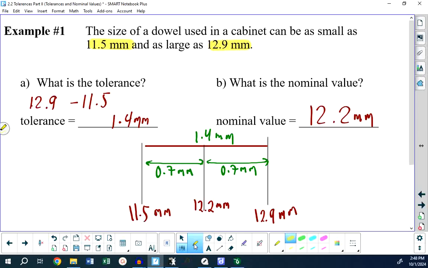I'm asking you to take 11.5 and add 12.9 and then divide by 2. Does it give you 12.2? It does.